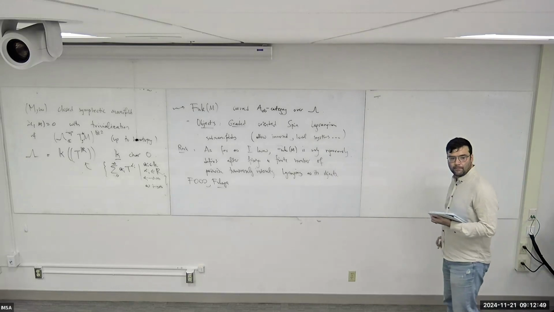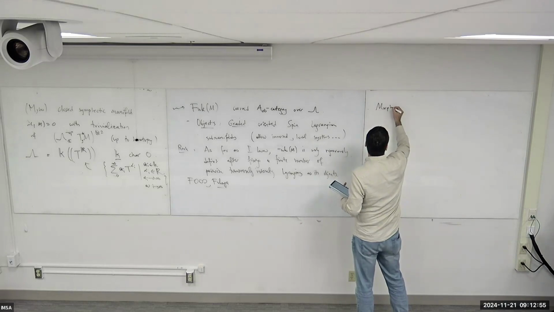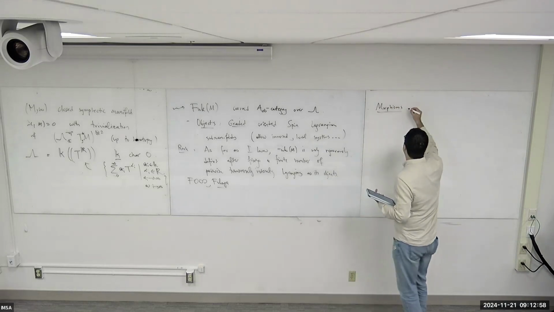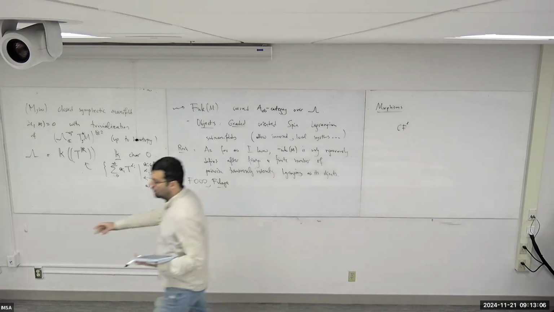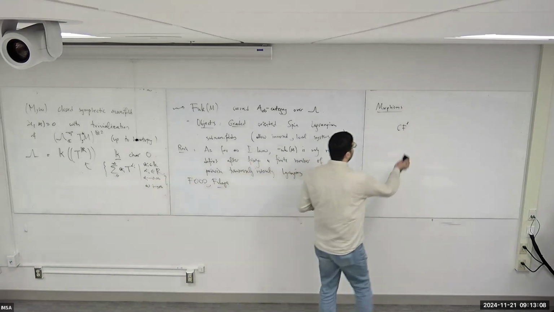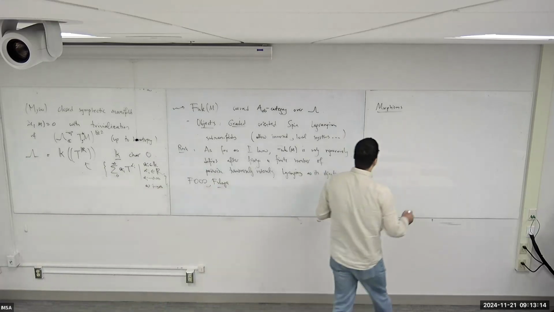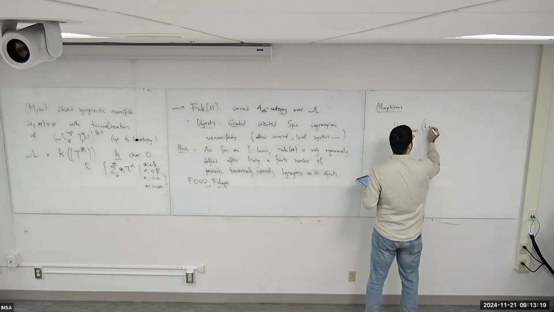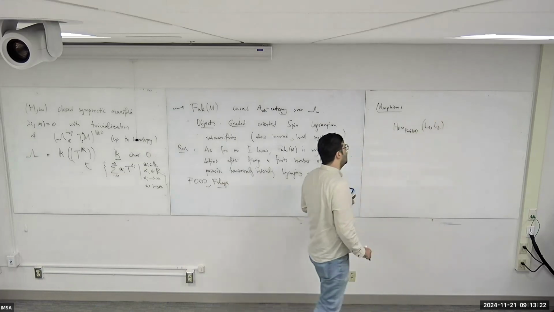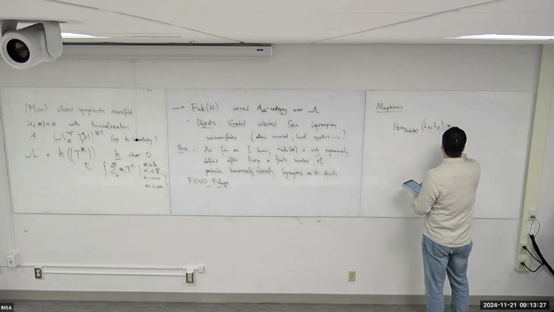The point is you want transverse intersections. Yes. So now I come to morphisms. These morphisms are supposed to be like this. Let me write Hom of one Lagrangian to another.